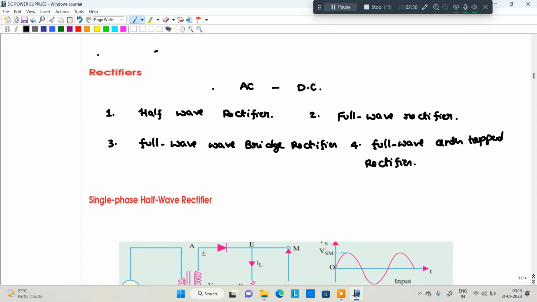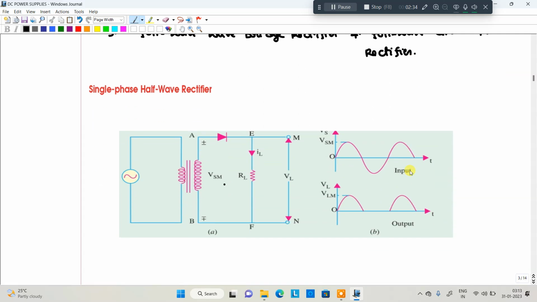Clear? So let us move to the first one, the single phase half wave rectifier. Let us see the working in brief, then I will give the formulas, and then from the examination point of view we will discuss one or two problems.